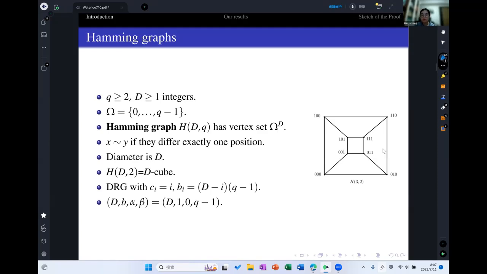The definition is we give a q-set, and the vertices of the Hamming graph are this, and x, y are adjacent if they differ in exactly 1 position. So the Hamming graph is a distance regular graph. The intersection numbers are here, and it has classical parameters.